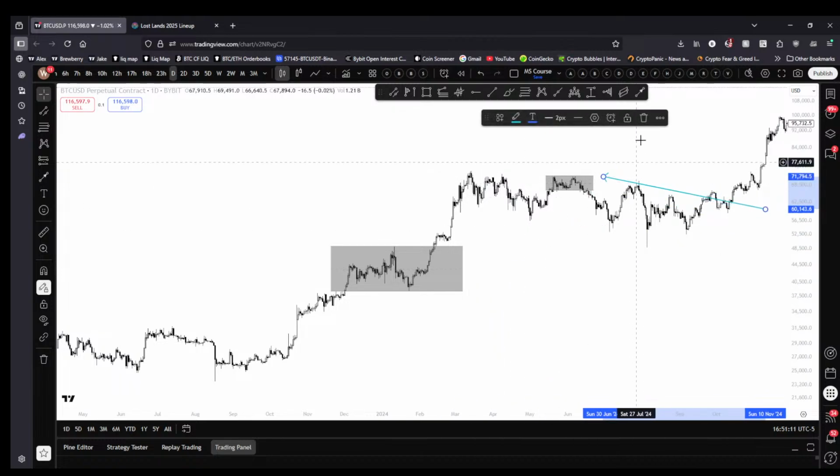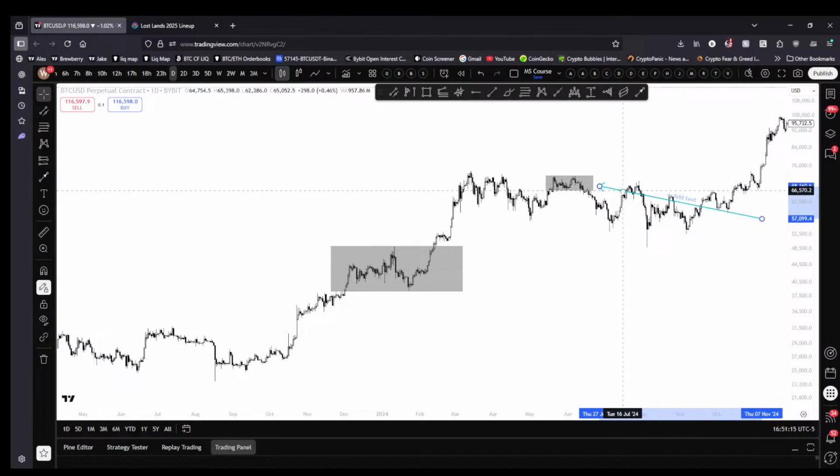Now, what happened after this previous range? The price went on an impulsive move to the downside. There's a lot of supply in this range. A lot of people want to sell the asset in this range, right?